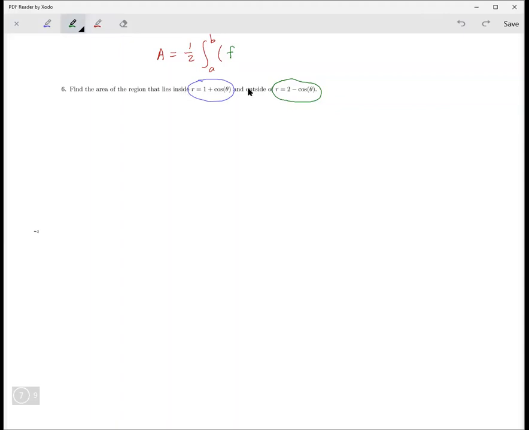So inside this and outside another. Okay, it'll be the blue one. So inside the blue one, outside the green one. So the blue one minus the green one.